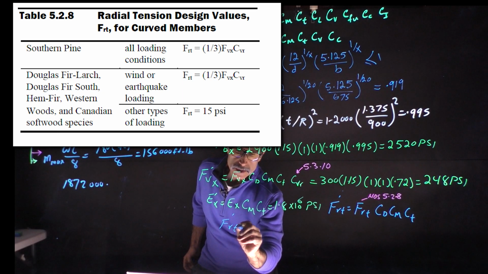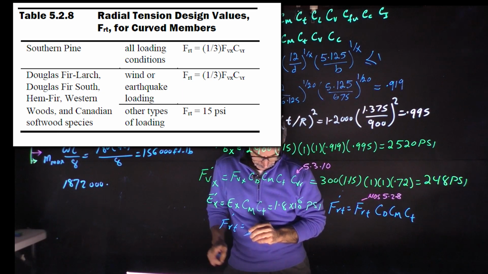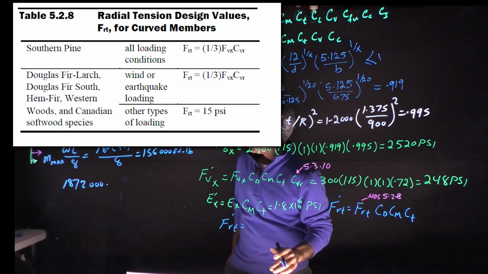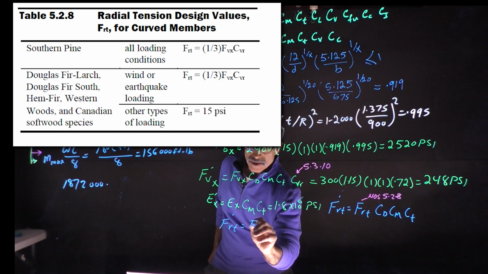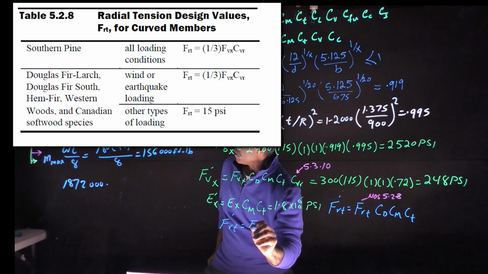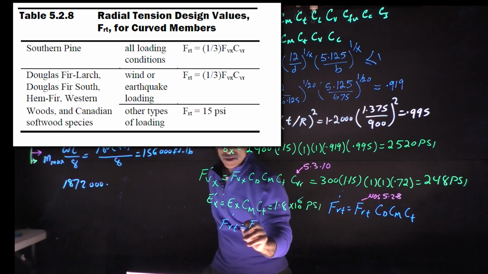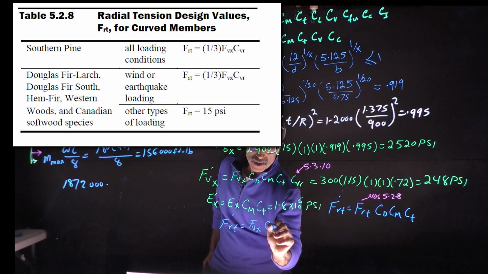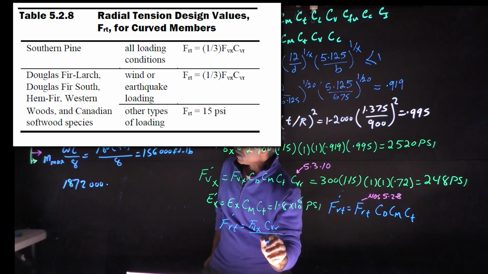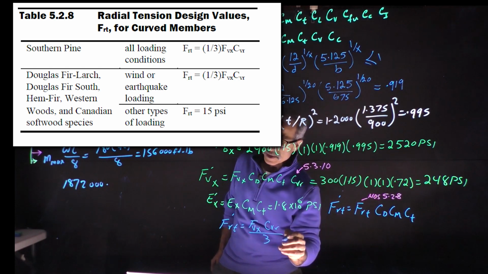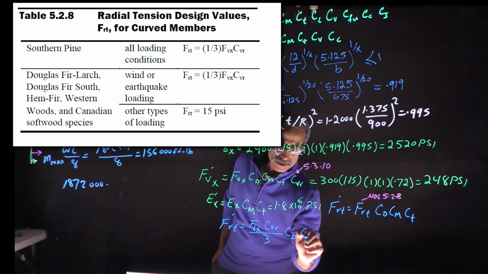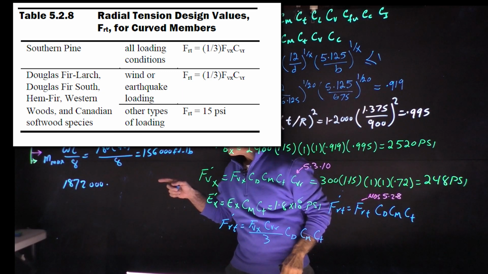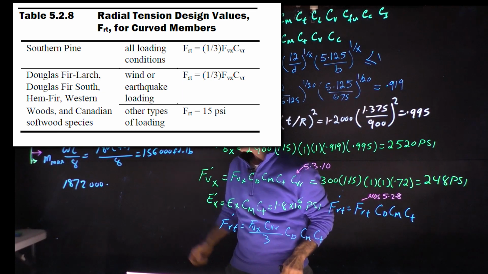F prime RT is equal to F of VX times CVR divided by 3, then we have CD, CM, CT, from section 5.2.8.